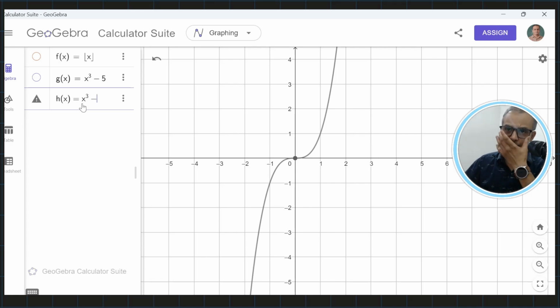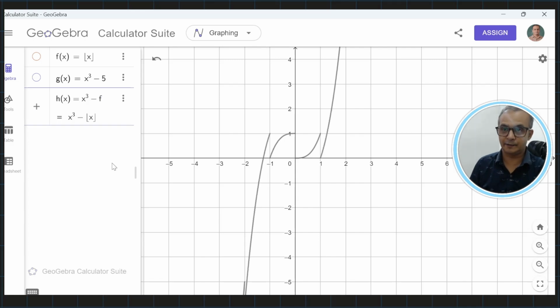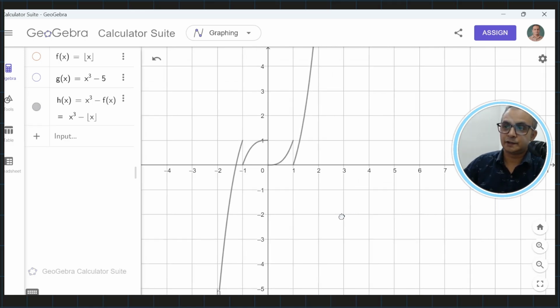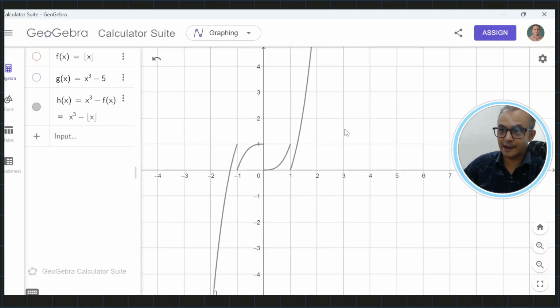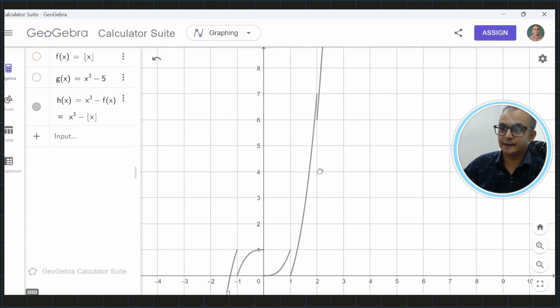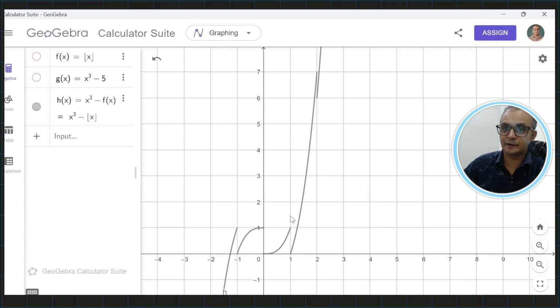You defined the floor x as f(x). So there's one facility we have, that we can simply type here f, and you can see that the floor function is drawn for you. So this floor function is drawn. If you zoom in now, you can get the idea; the same or similar graph we have also drawn.